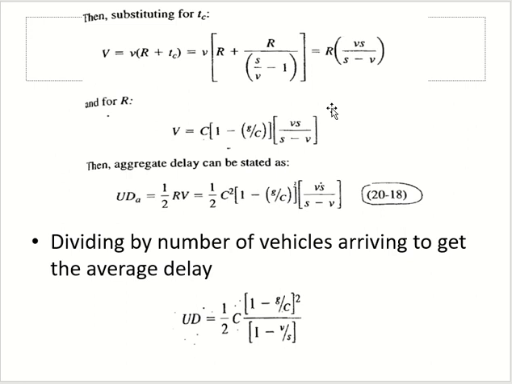Okay. So now, I am trying to calculate uniform delay. Uniform delay equals half R into V. This equation was very simple. I don't want simple, I want to mess it up.